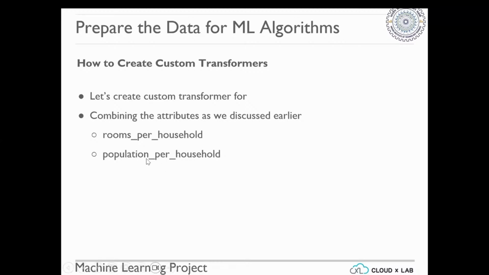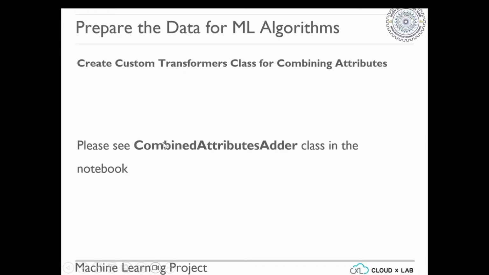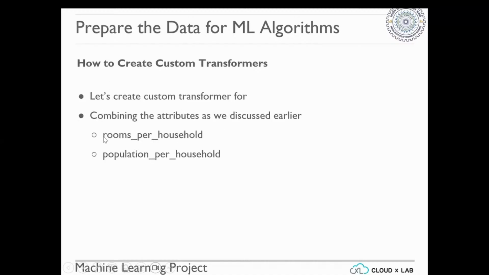For example, rooms per household we can easily create using the rooms and household attributes. So rooms per household means rooms divided by households. For that, we will create a custom transformer here, using the CombinedAttributesAdder class, and we will create these additional attributes, rooms per household and population per household.